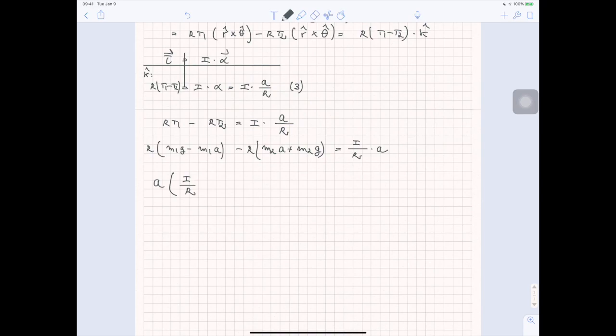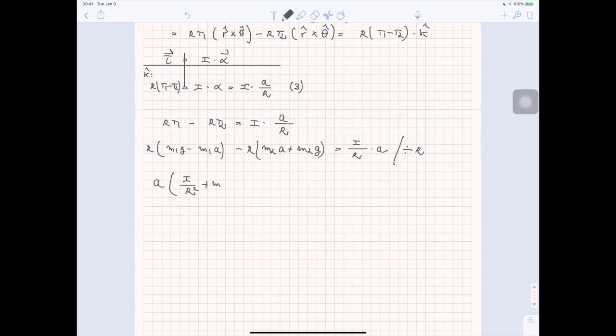Then let's actually first divide out the equation by R. So then we have actually on the right hand side R squared. We get rid of these factors R here. And then we have plus M1 and plus M2 if we bring it to the other side.